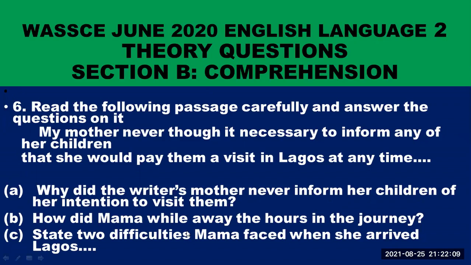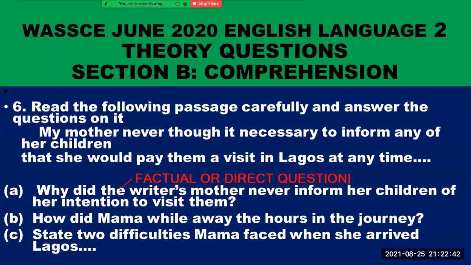Question A: why did the writer's mother never inform her children of her intention to visit them? So here you can see exactly that this question A is an example of what we call a direct question, or factual question.